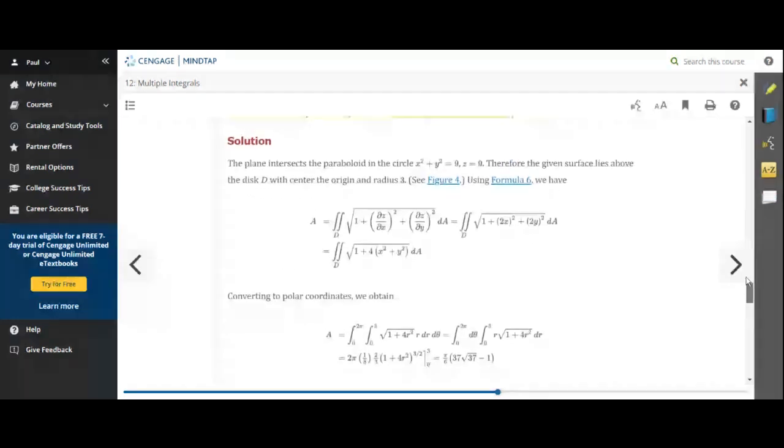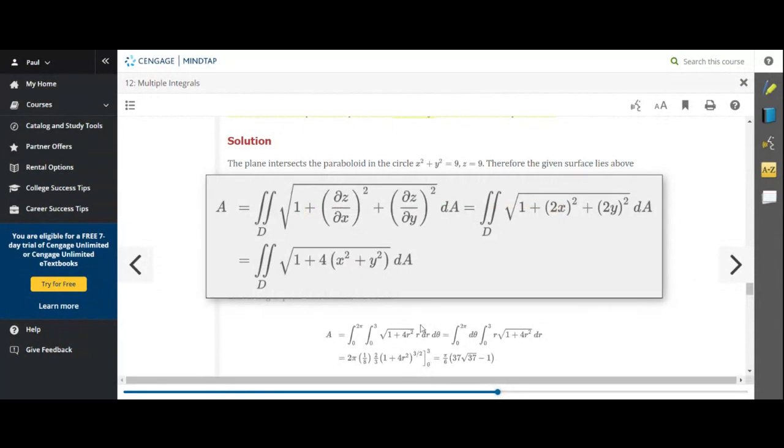So what they do is, of course, first, the paraboloid, the surface, z equals x squared plus y squared.